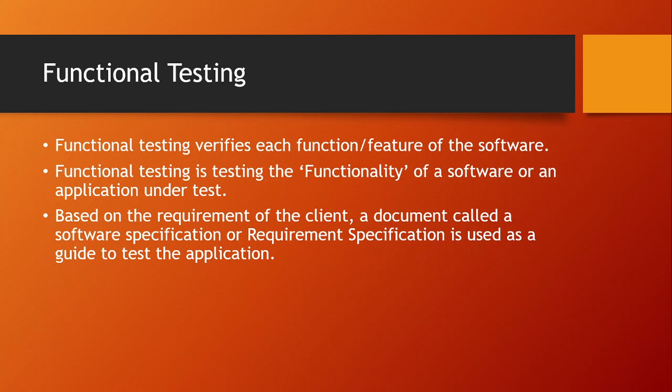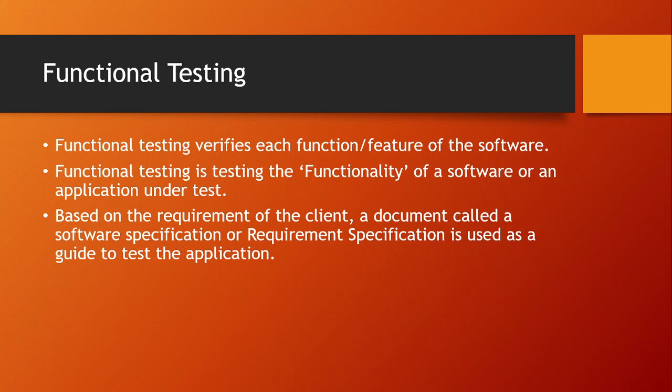What is functional testing? Functional testing verifies each function or feature of the software or system. So functional testing is testing the functionality of a software or an application under test. It's based on the requirements of the client. A document called a software specification or requirement specification is used as a guide to test the application.